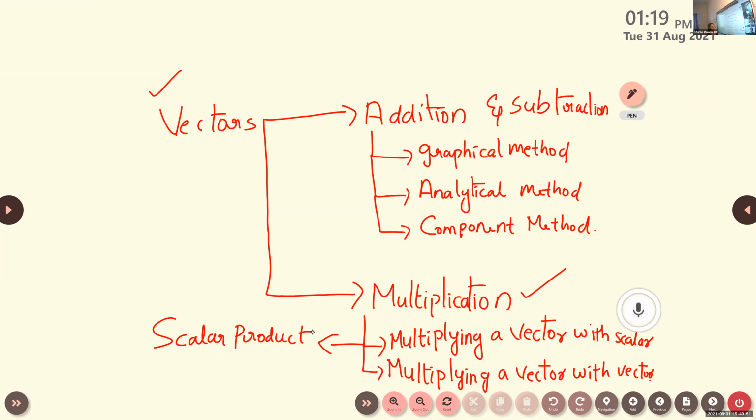And the second method is multiplying a vector with a vector. The product obtained is known as vector product. So there are two different methods: scalar product and vector product.